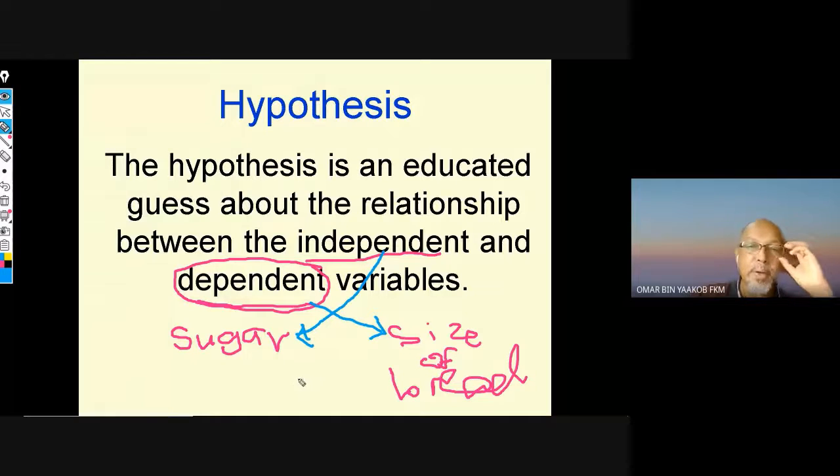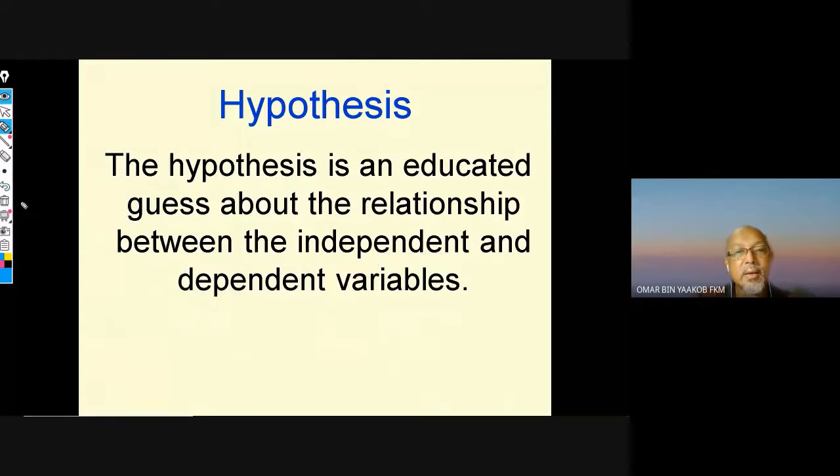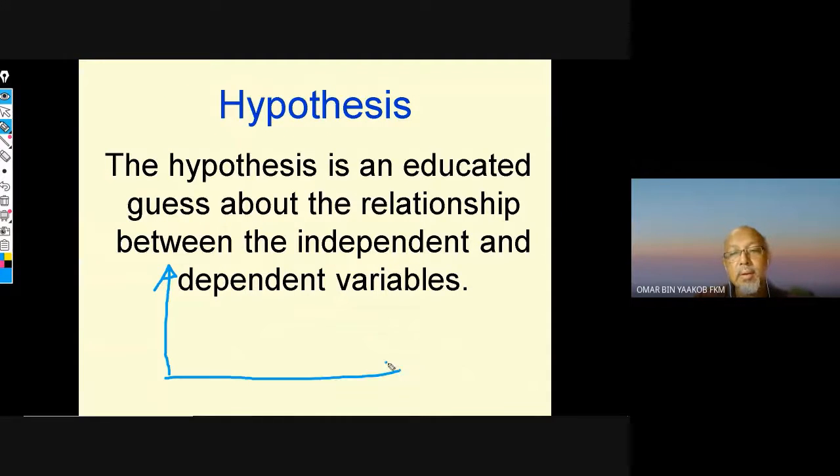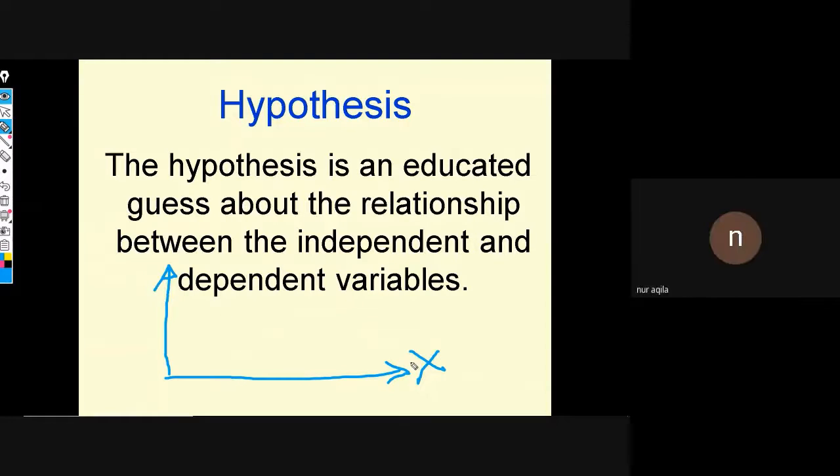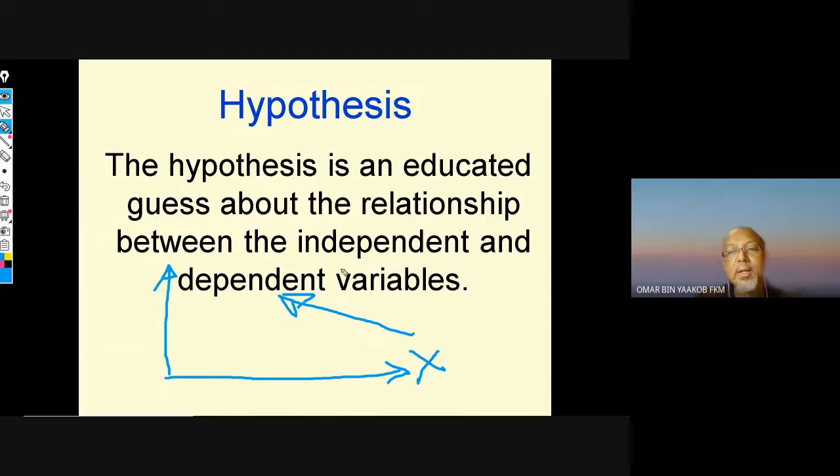Okay, if you were to plot this in the XY axis, which one will go into the x-axis, which one go to the y-axis? Sugar. Okay. X will be the amount of sugar, the independent.